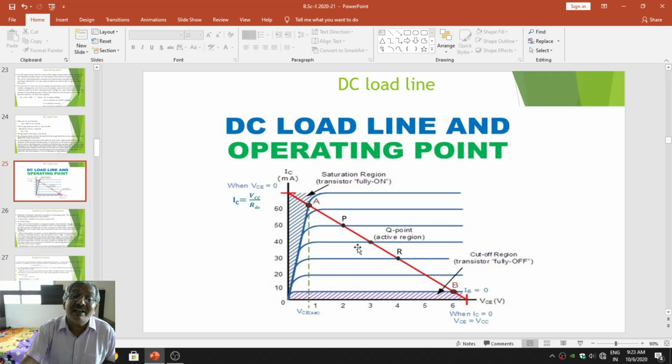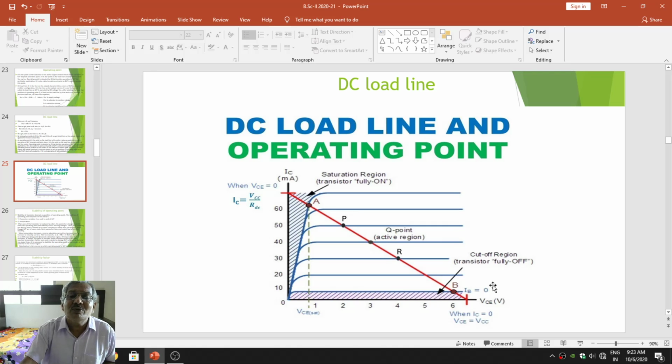So thus, by trial and error method, you can locate the operating point either on the center of the load line to work the BJT as an amplifier, or it may be shifted from active to saturation or from active to cutoff to work the BJT as a switch.